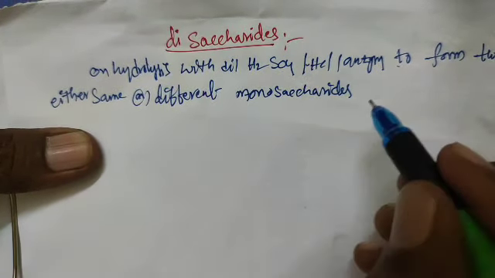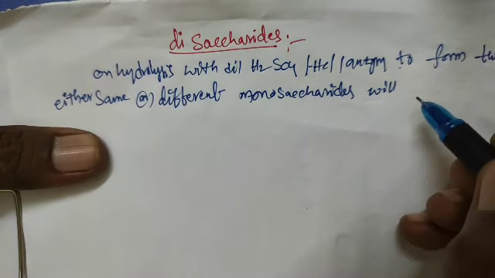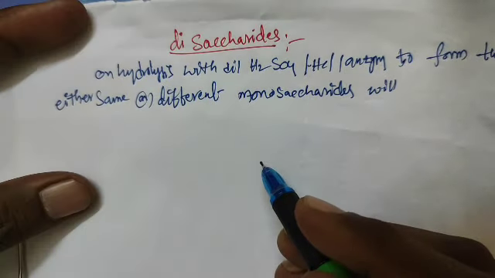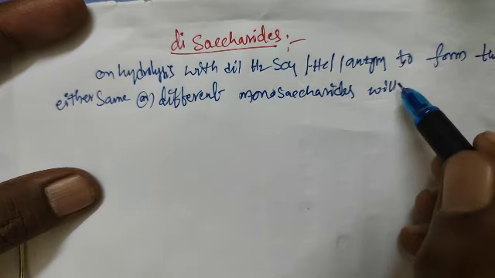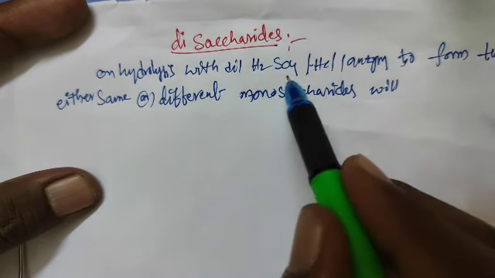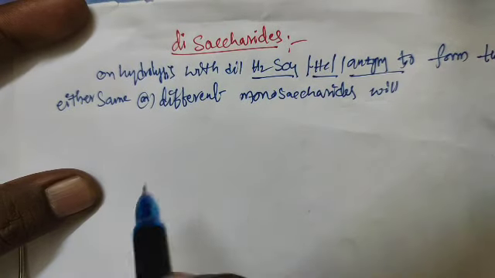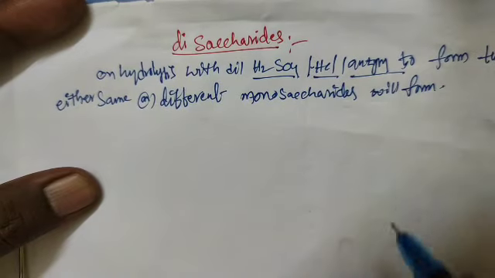Already I said, on hydrolysis with dilute H2SO4 and HCl or enzyme, two either same or different monosaccharides will form.